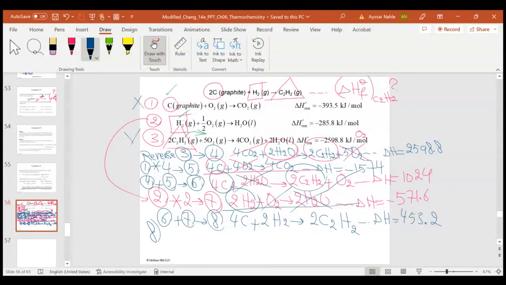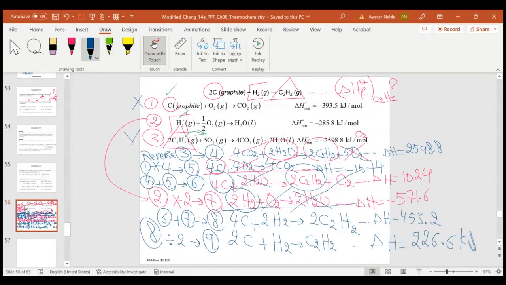Now, take equation 8 divided by 2, right? And I will obtain equation number 9. When you divide by 2, you get 2 carbon plus 1 H2 will give me C2H2. And divide this one by 2, what do I obtain in this case? 226.6 kilojoule.